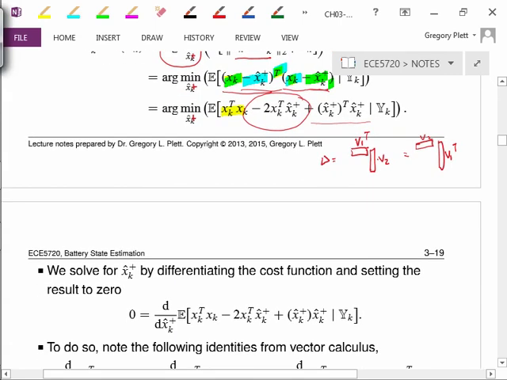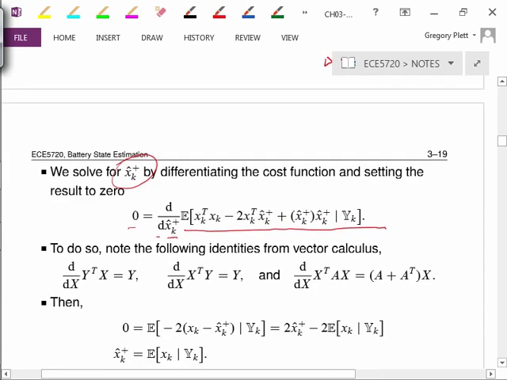So what I want to do is solve for x hat plus by differentiating this cost function and setting the result to 0. So 0 equals the derivative with respect to x hat of the expected value of x transpose x minus 2 x transpose x hat plus x hat transpose x hat, given yk.